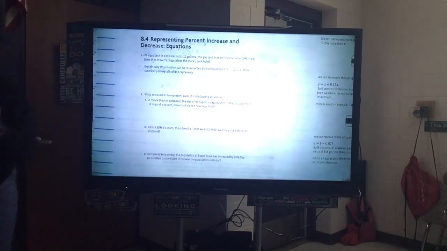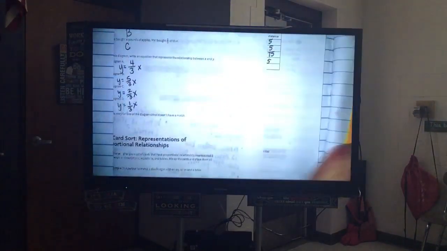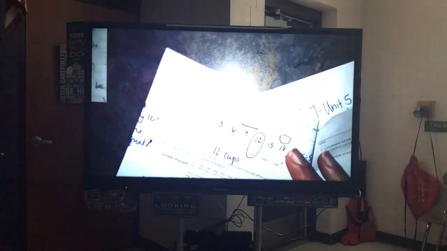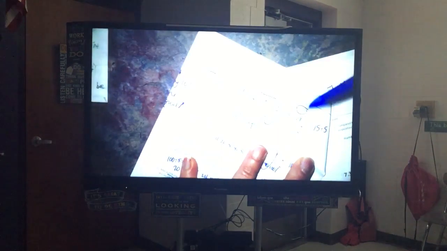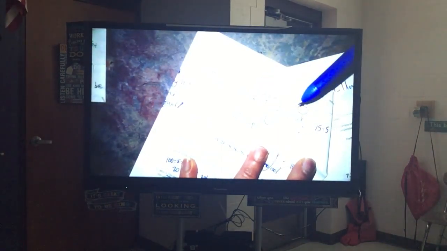Remember, it's gotta be the same process, so look back in your notes from yesterday. Where's our popcorn? Here, we did the same increase, decrease. Keep that in mind when you're answering these questions.